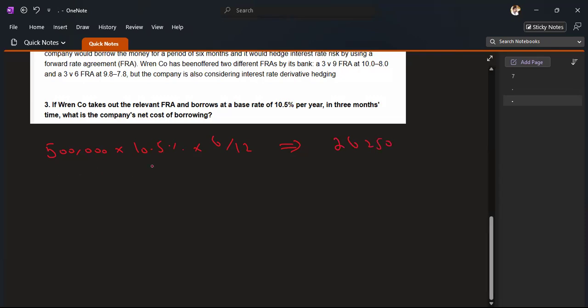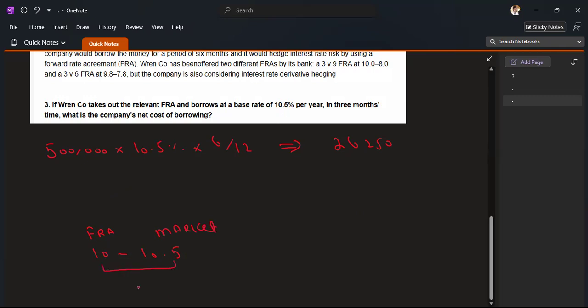Now, guys, I have selected the FRA at 10%, but the actual rate has gone upwards. So, guys, this is a benefit for me because I had booked the FRA at 10 and the market has gone at 10.5. This is my FRA. This is the market. So this is a benefit for me.